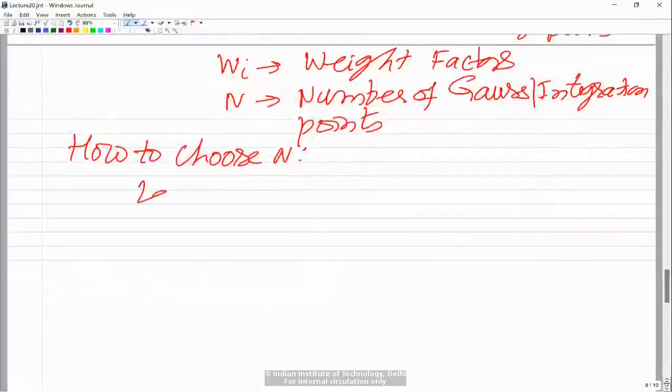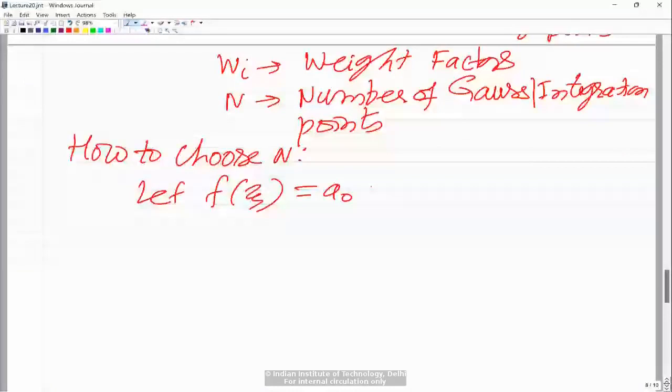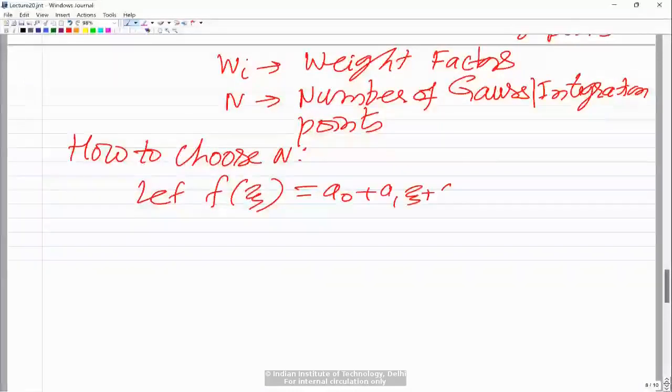So let us say that the integrand, which is a function of xi, is a polynomial of this form: a0 plus a1 xi plus a2 xi square, and so on. It is nothing to do with the approximate solution. I'm just saying that we have some function which is a polynomial, and a0 up to am are known constants, so am into xi to the power m. So if we have this kind of a function, then we take n.